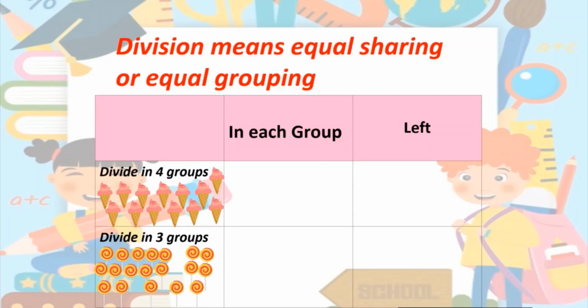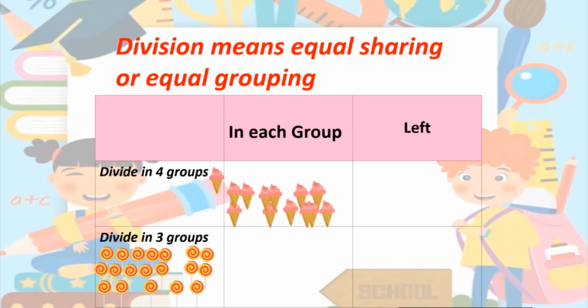In order to divide it into 4 groups, we divide it by 4. And when we recall the table of 4, we see 4 3s are 12.